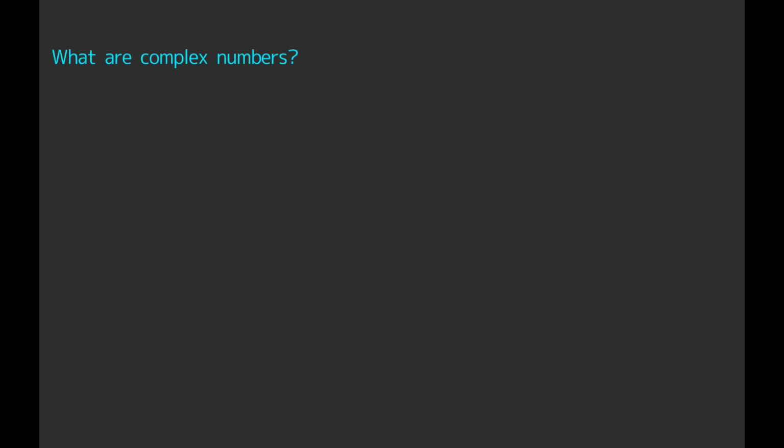Next, what are complex numbers? Complex numbers are real and imaginary. So they have one part that is real, one part that is imaginary. The real part is a, and the imaginary part is bi.